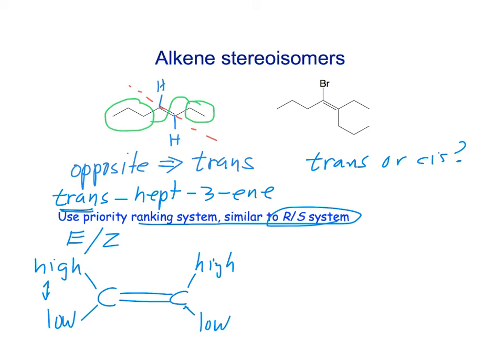So then what we do, just like we did for the trans, we're going to draw a line down the axis of that double bond, and we're going to look at the two high-ranking groups. So high and high, and we see that these are on the same side.